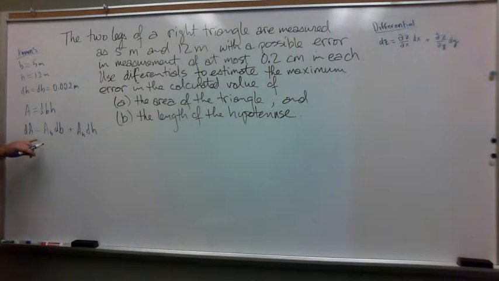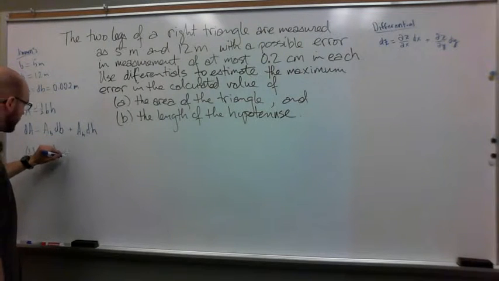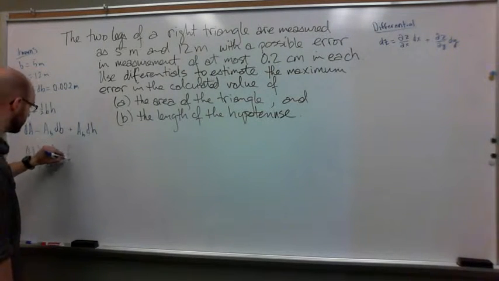So the partial derivative of A with respect to the base is going to be 1/2 times the height, because we treat h as a constant, and times that by the change in the base, plus the derivative of A with respect to h, which is going to be 1/2 times the base.